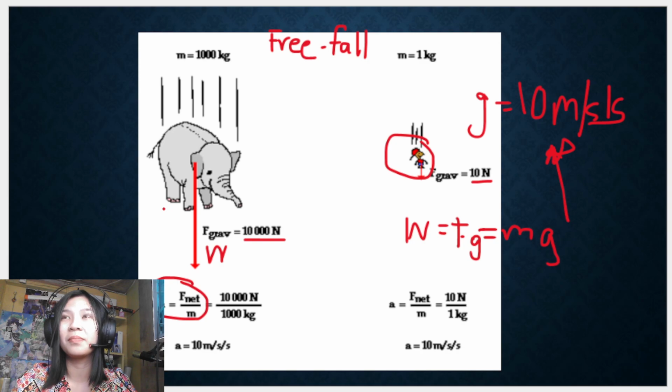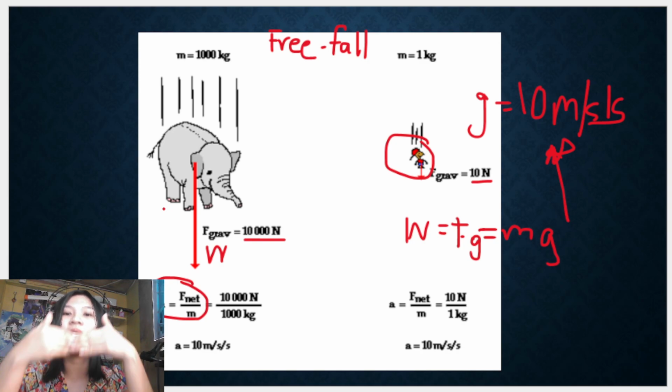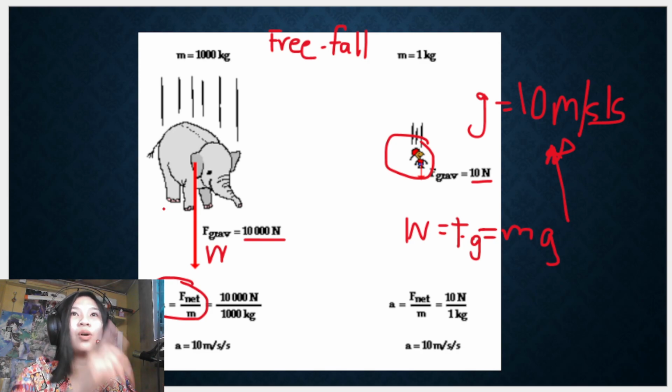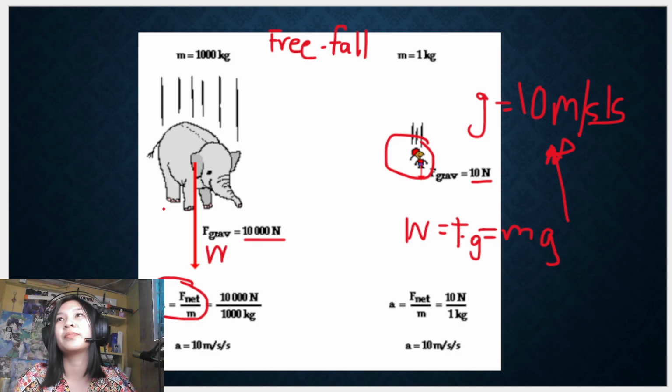Net force is what remains of your forces after all the forces are cancelled, both vertical and horizontal. You cancel the horizontal forces if they cancel, otherwise you subtract or add them, and then do the same for the vertical. What remains is the net force.